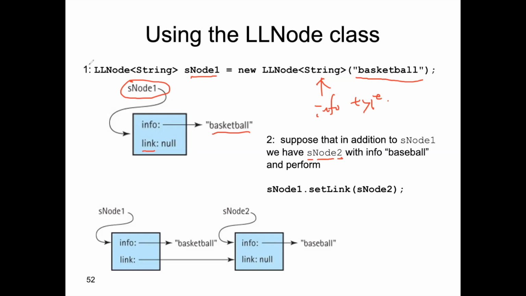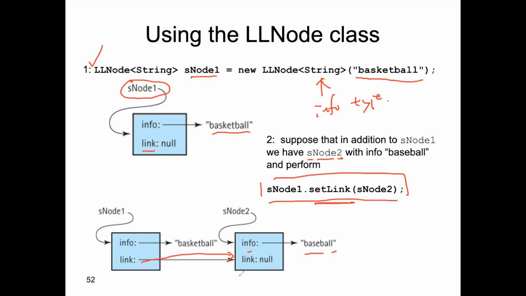Again, we go through this construction phase by instantiating a copy of it, inserting another value called baseball as its info into it. The next thing we do is we link both node 1 and node 2 together through use of setLink. And notice that the setLink is really just an accessor for link. And having done that, this establishes an arrow going from node 1 to node 2, chaining both together.